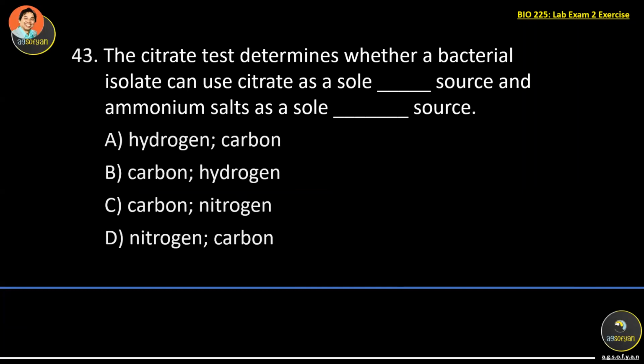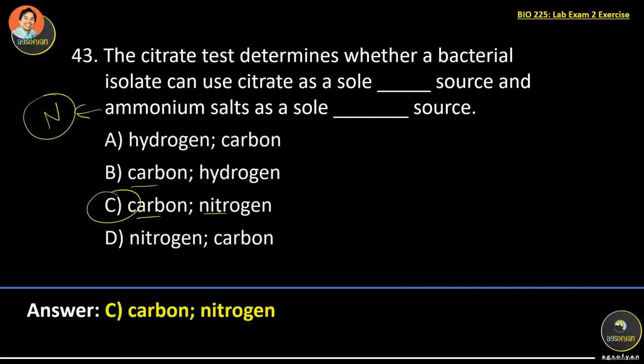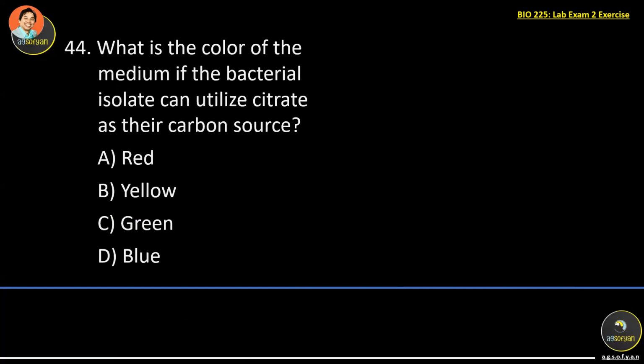Citrate has carbon in it, so it is a carbon source. How about the ammonium? Ammonium has nitrogen in it, so this is a nitrogen source. So the answer will be C, carbon and nitrogen.